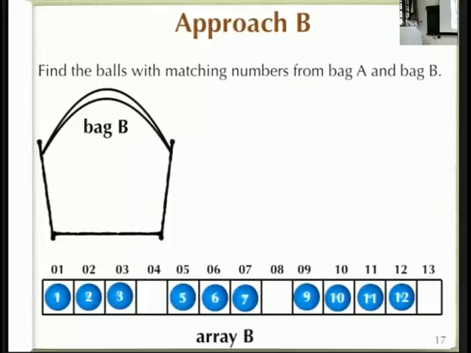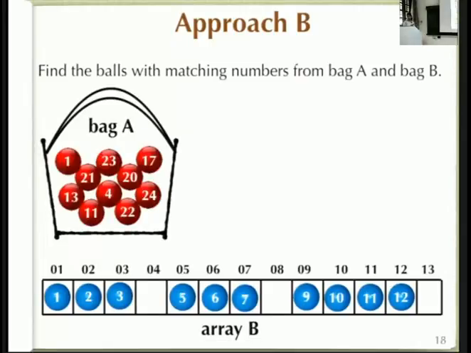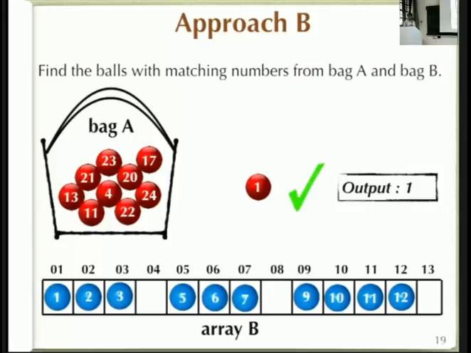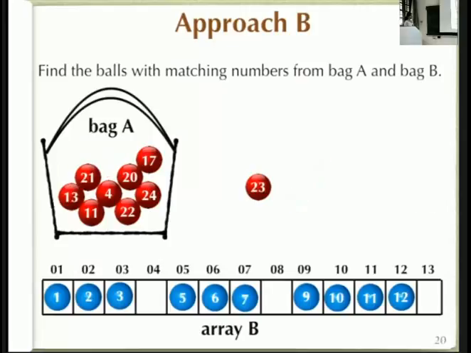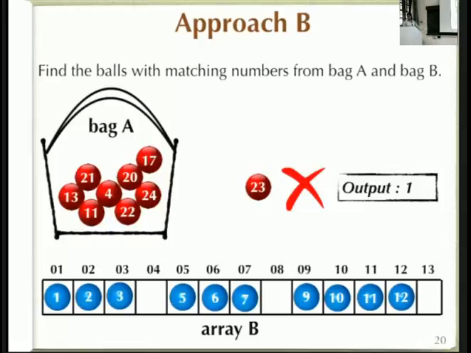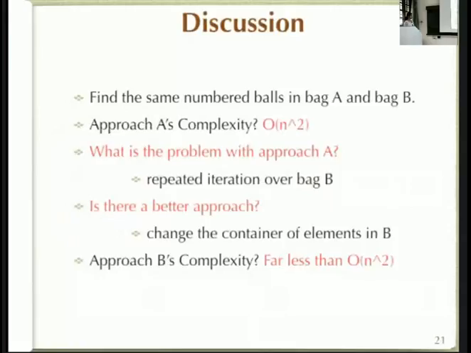Now, the way she said, just pick up the first ball from bag A, check if the ball is present at the index, and then set the counter, right? Pretty easy. 23 is not there, so the output remains 1. Like that, the complexity is reduced to big O of n, right? Approach B's complexity is far less than big O of n square, though it also involves the complexity of converting the bag to the array.